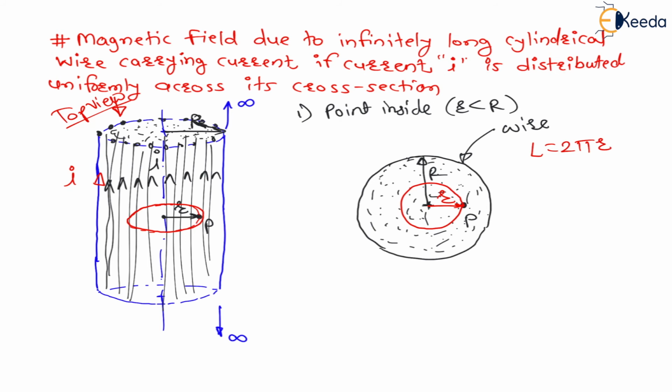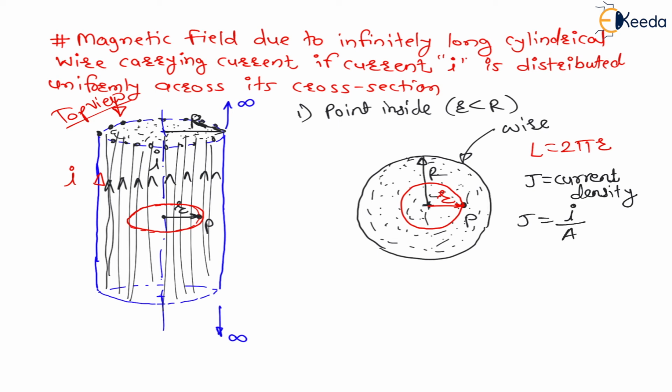Now my dear students, we have to consider the inside current, and there is some current inside also. The total current is I, but there is some inside current also. Therefore there will be a concept of current density. J is nothing but the current density. It is the current carried through the wire per unit area.